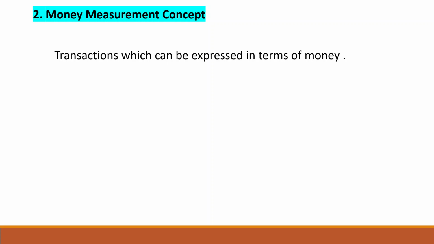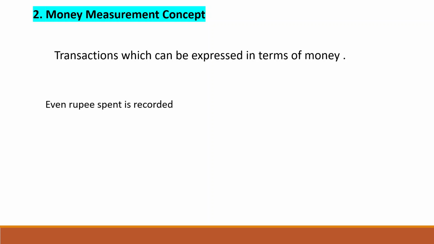All other transactions which cannot be expressed in money terms are not recorded in the books of account, right? So as per this concept, even a rupee spent is recorded. That is, the transactions which have monetary consideration need to be recorded in the books of account, right? So even if the business spent a rupee, it must be recorded.